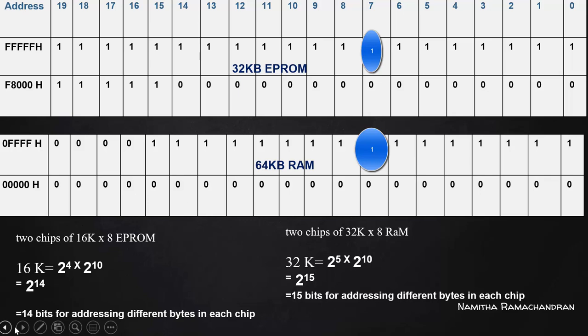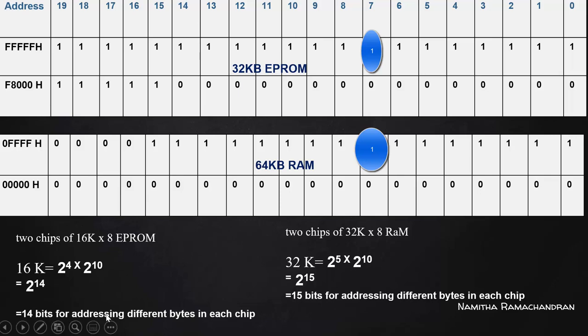Here we are given 2 chips of EPROM, and each chip contains 16K bytes, right? 16K means 2 raised to 14 bytes. For addressing each and every byte of each of these chips uniquely, how many bits are required?